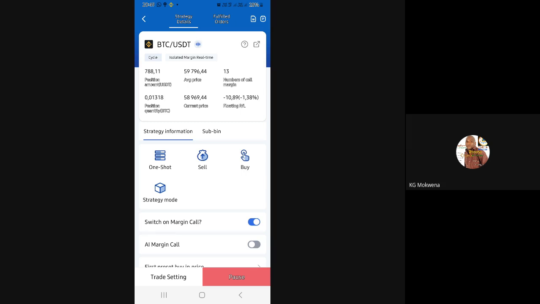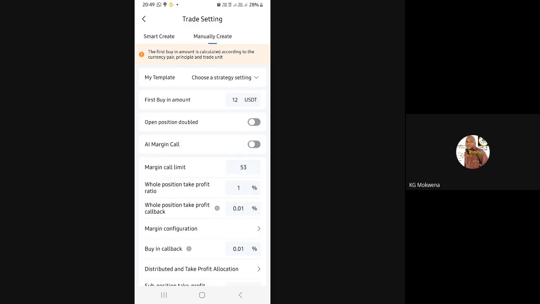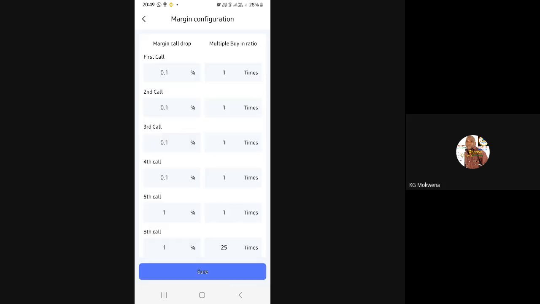What are we going to do now? We are going to go to trade setting and then edit number 6 back to normal. And then you click on margin configuration. You always visit your template to check yourself that you are not going out of the way. So in margin configuration, you go to number 6.